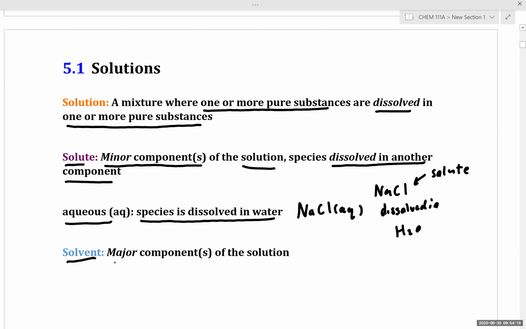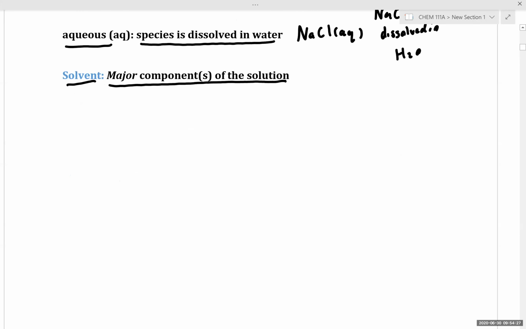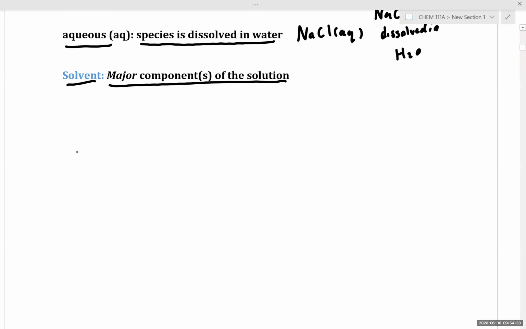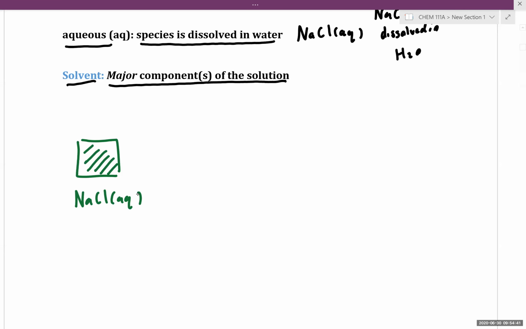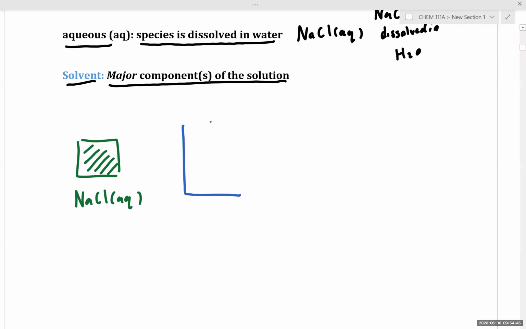The solvent is the major component of the solution. Okay, so if we're drawing a pictorial representation of solute and solvent, let's suppose we have a block of solid sodium chloride, and we have a beaker that contains water.